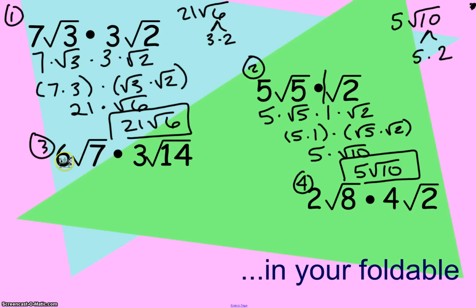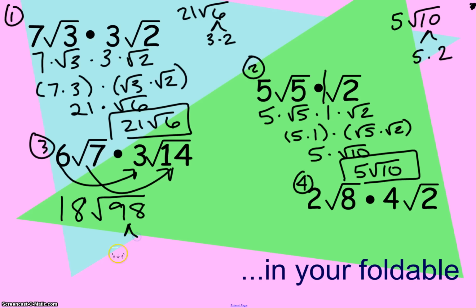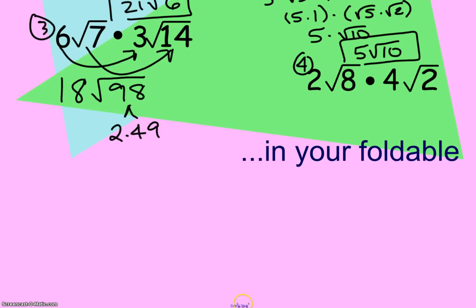Next example. At this point, we shouldn't have to expand it anymore. We should just be able to multiply. 6 times 3 is 18. Square root of 7 times square root of 14 would be square root of 98. So now we need to simplify further. 98 would be 2 and 49. 49 can be broken into 7 times 7.